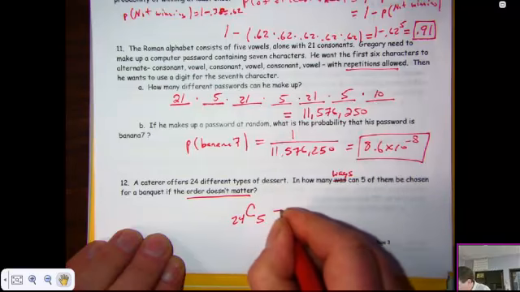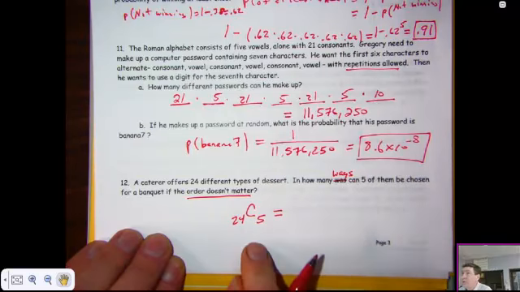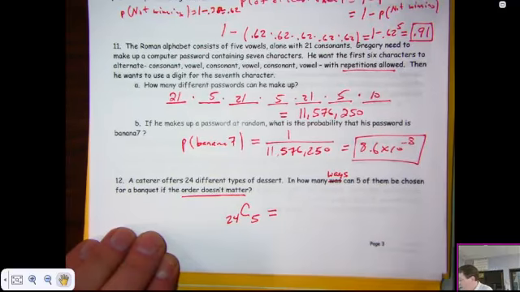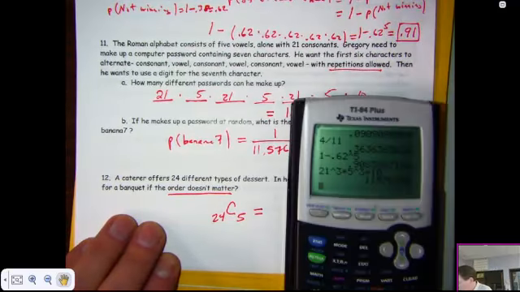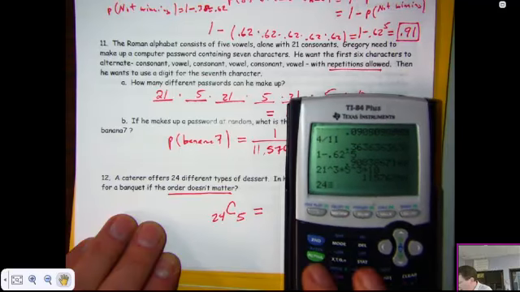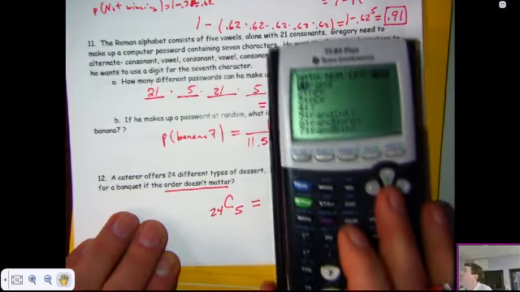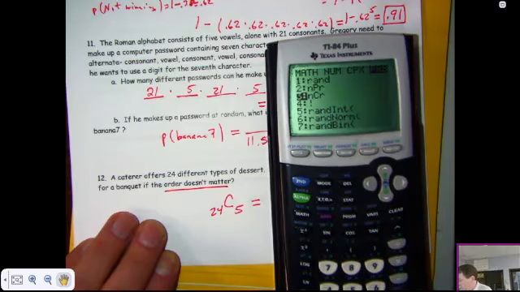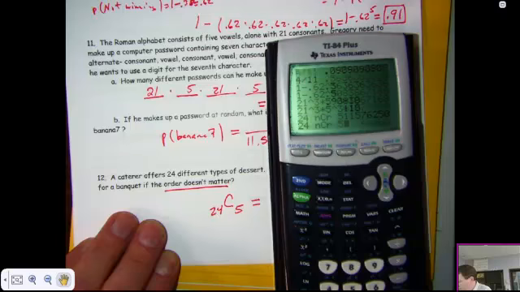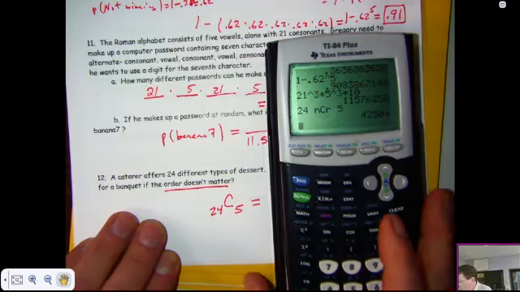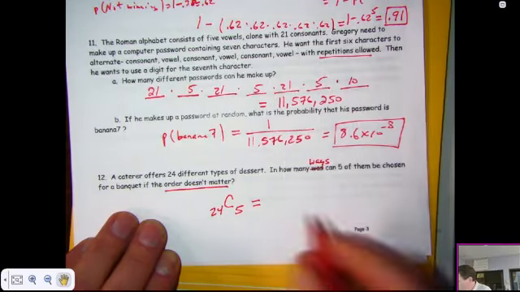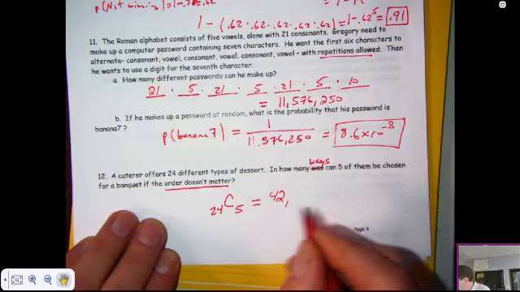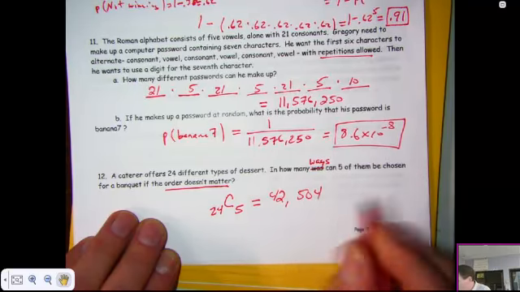Again, I'll let you put this in your calculator using the shortcuts, or you could use the formula. Make sure you practice either way. 24, math, probability, combination number 3, and 5. There are 42,504 different ways.